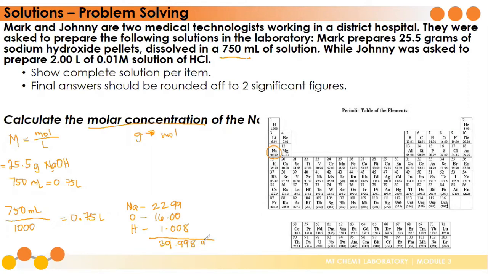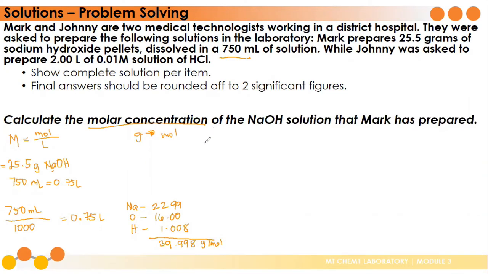All you need to do is add all of this together and you'll be getting 39.998 grams per mole. Now that you have your molar mass, you can now proceed with converting grams to moles by simply multiplying it by 1 mole of NaOH or sodium hydroxide over our molar mass, which is 39.998 grams of NaOH.